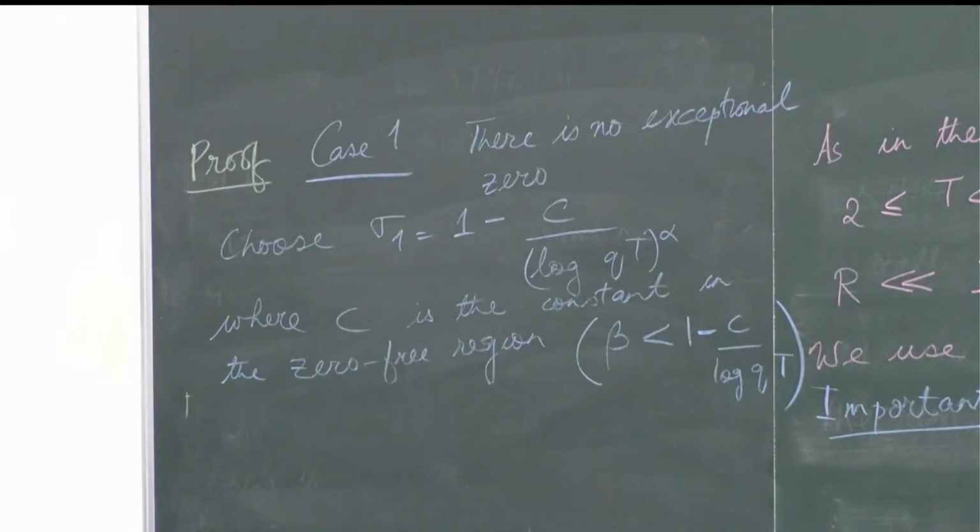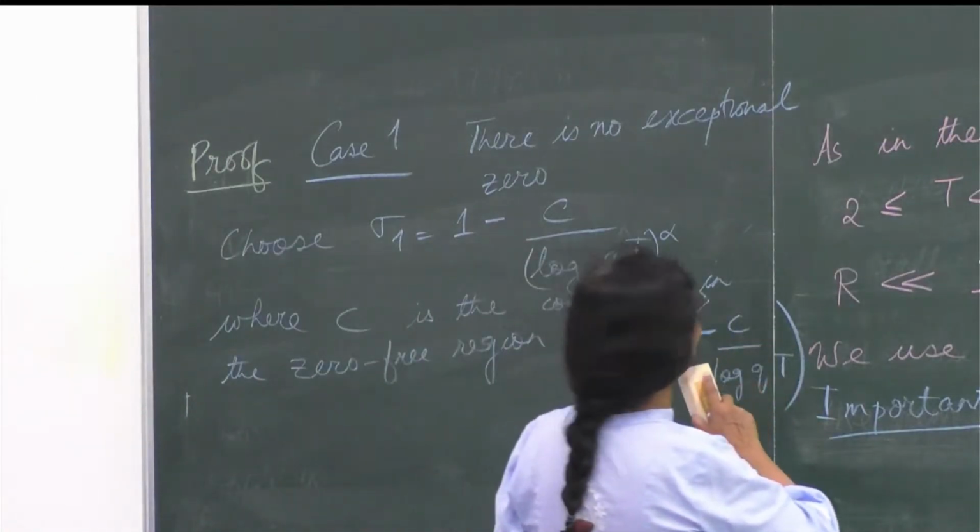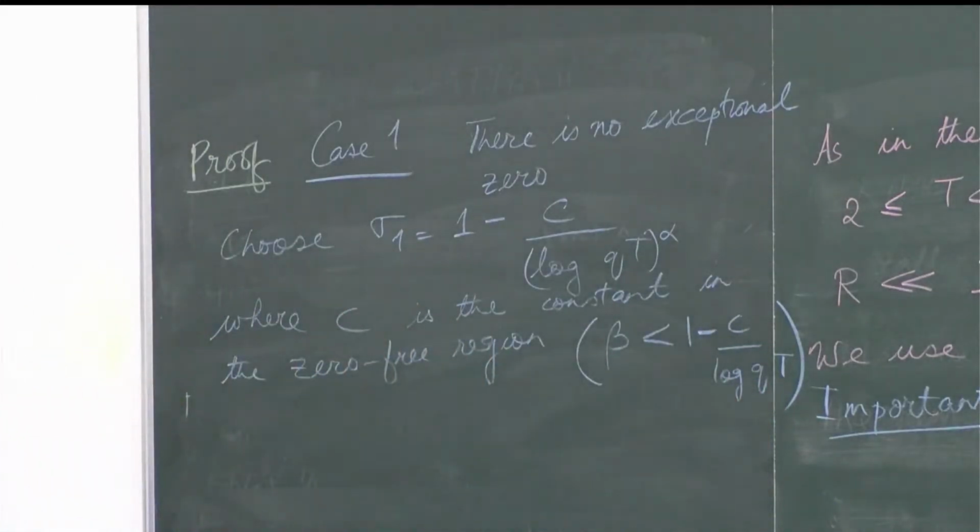Now, either chi is non-principal or chi is principal. So suppose chi is non-principal, what happens? Remember the integrand: it was the integral of L prime by L, x bar s by s, on this contour.